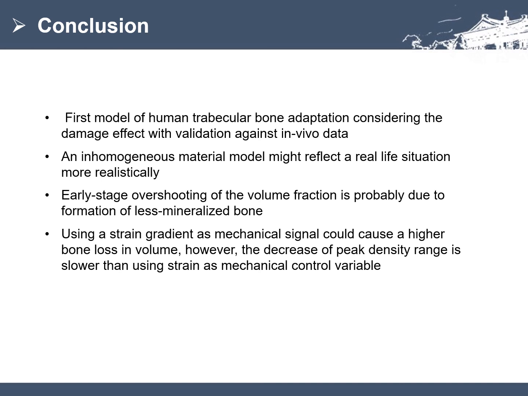The early stage overshooting of volume fraction was observed, and it is probably due to the formation of less mineralized bone. Using strain gradient as a mechanical stimulus could cause a higher bone loss in volume. However, the decrease of the peak density range is slower than using strain as the mechanical control variable.